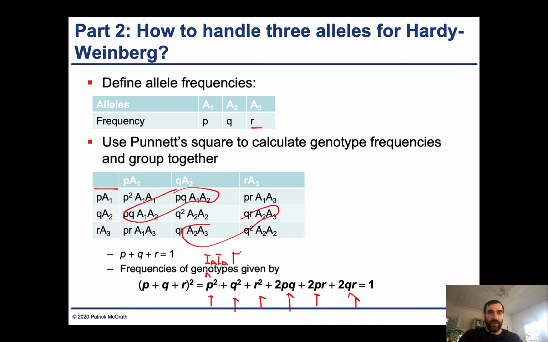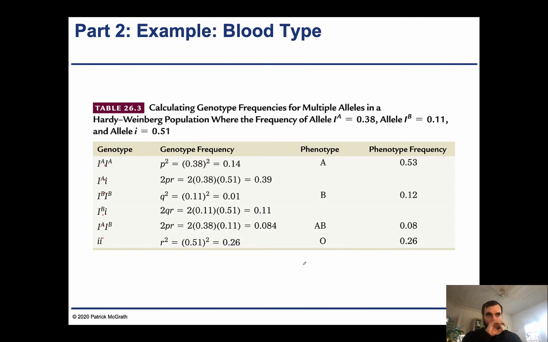This would be IB, and then this would be little i. And then these would be the heterozygotes. So pq would be IAIB, pr would be IA little i, and qr would be IB little i. This just shows exactly the genotype frequency.